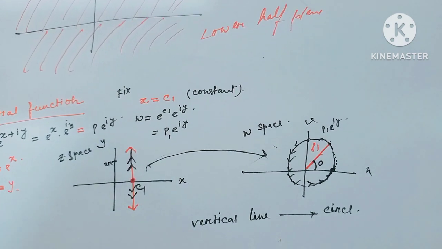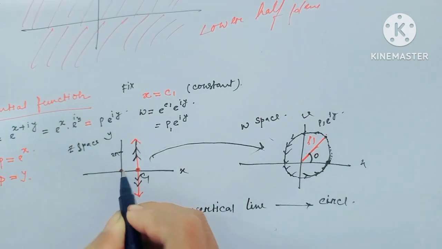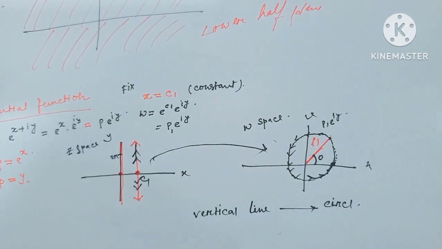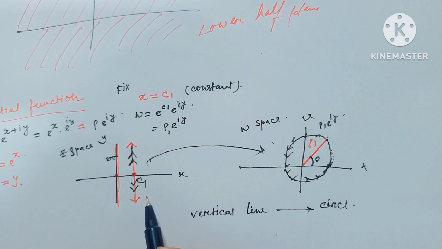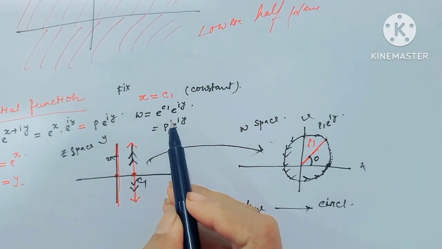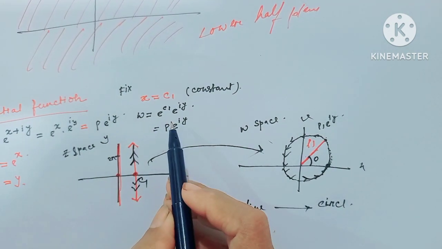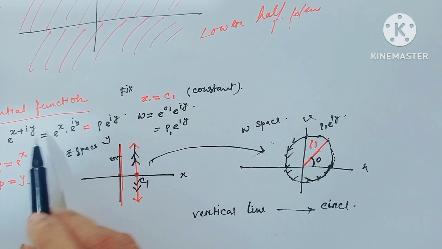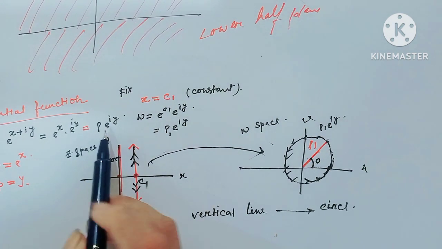And when x equal to 0, that means the y axis, then since e to the power x equal to 1, w equal to e to the power iy.